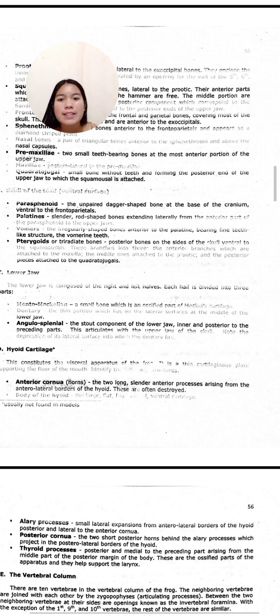Next is lower jaw. Next is parasphenoid. The parasphenoid is the unpaired dagger-shaped bone at the base of the cranium, ventral to the frontoparietals.